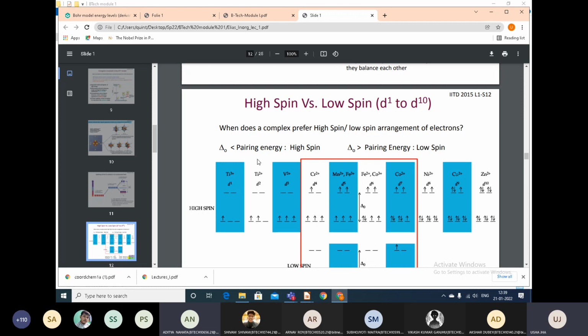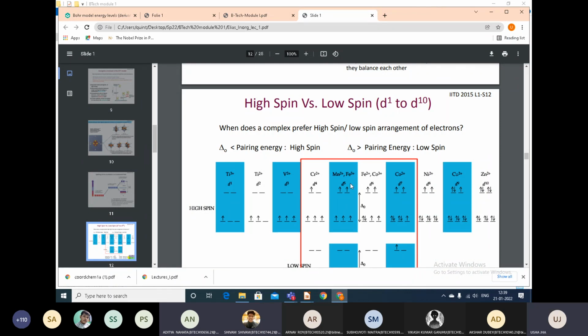But if delta O was more than the pairing energy, it would have no other option and would have to pair up. Then, unlike this complex with four unpaired electrons, we would have only two unpaired electrons. So whether it is high spin or low spin depends on whether delta O is less than or more than the pairing energy.